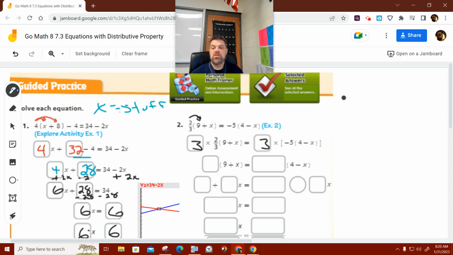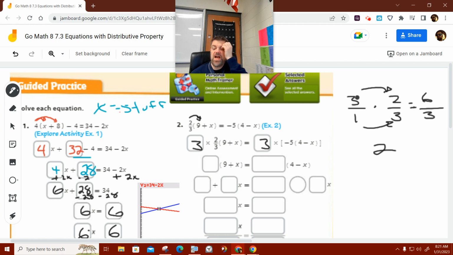So what is 3 over 1 times 2 over 3? Now, the reason that we multiply by the denominator is the denominators will cancel each other. In other words, what's 3 times 2? 6. And then what is 6 divided by 3? 2.